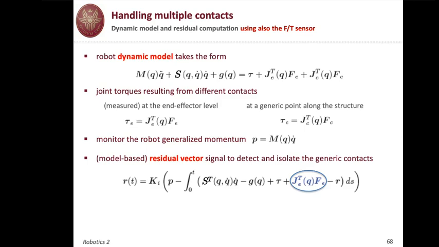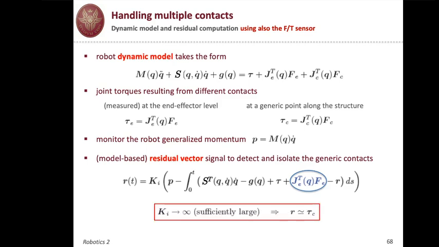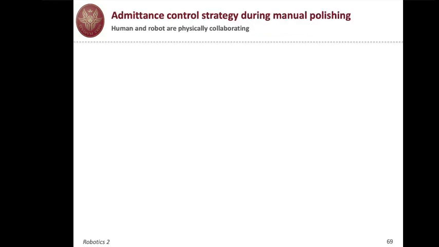So we can simply plug this in so that the evolution of the residual will only be related to the torque tau C, which results from the JC transpose FC, which is the force applied by the human operator along the structure.